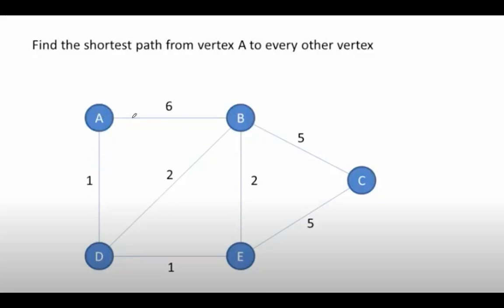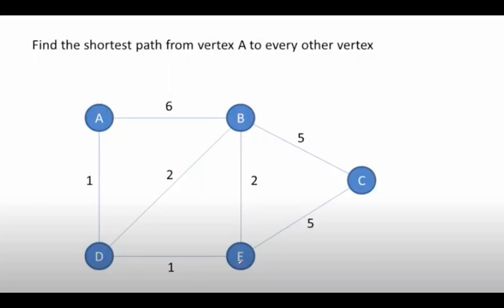Is it clear? See, A to B, we know that direct route is there, direct edge is there, but it will cost more, 6. But if you go to D and then come to B, cost will be less. Is it clear? So we have to take this path, A, D, and B.